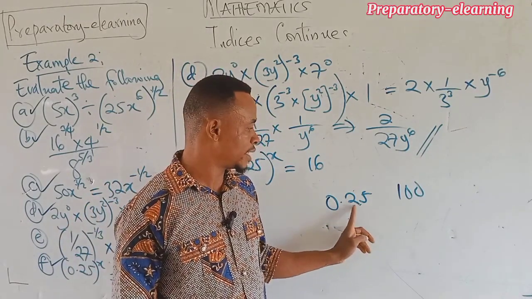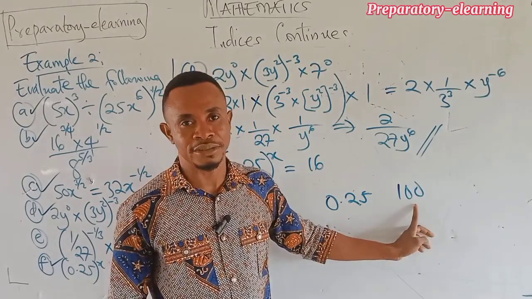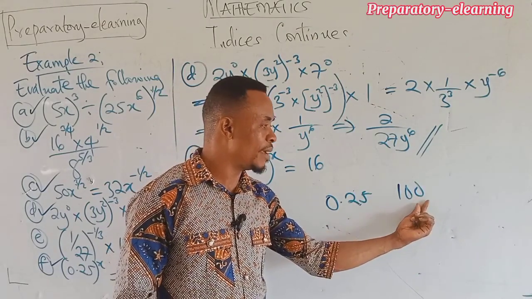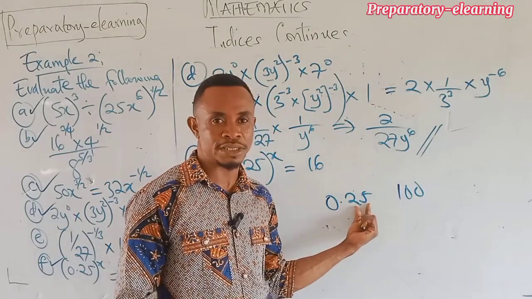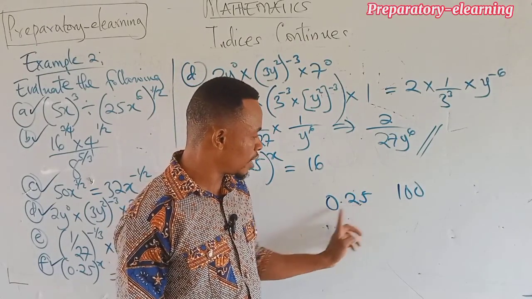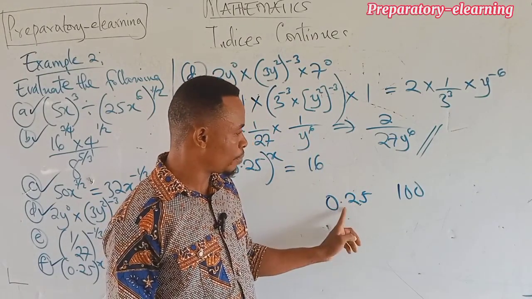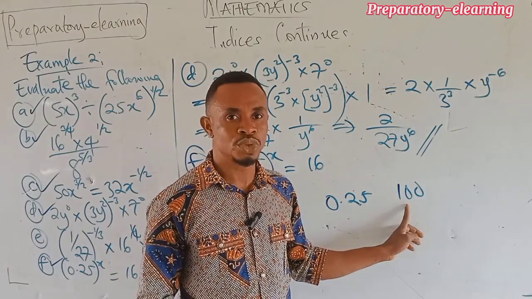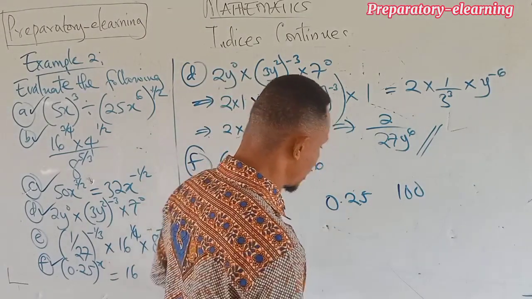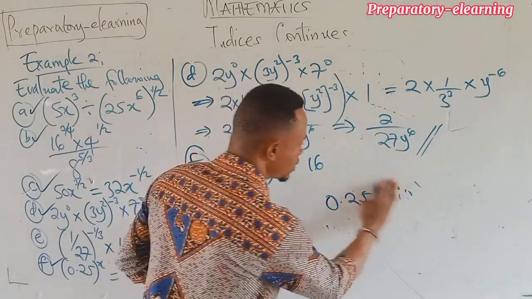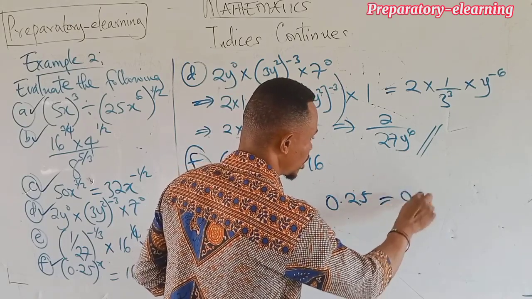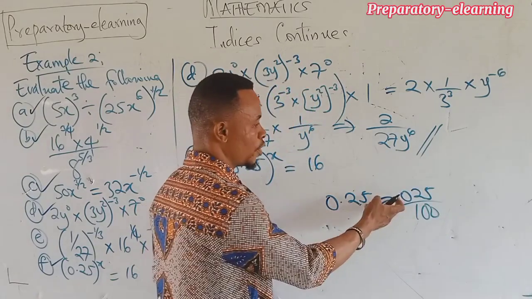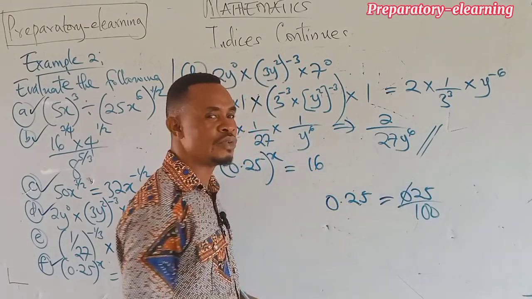If it was 1 decimal place, divide by 10, because 10 has 1 zero. The number of zeros must be the same as the number of decimal places. So we divide the number, removing the decimal point, by 100, because 100 has 2 zeros. So we have 025 over 100. 0 before a number is irrelevant.